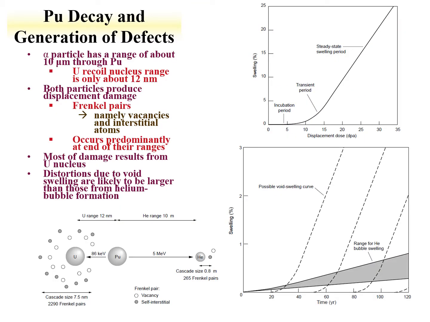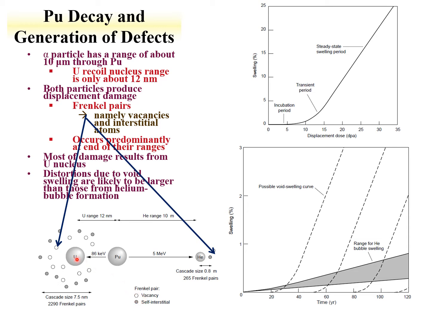And here's an example of some radiation damage. We have an alpha particle, which has a range of about 10 micron through plutonium metal. The uranium recoil is much, much smaller, 12 nanometers. Frenkel pairs are formed through this, and here's an example of Frenkel pairs, where you have vacancies and interstitials.